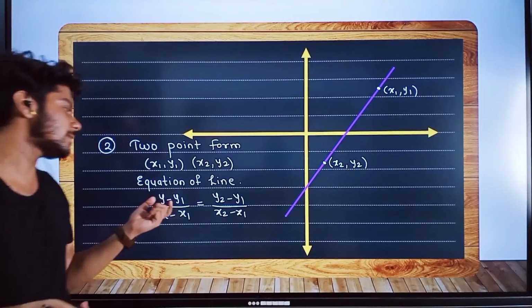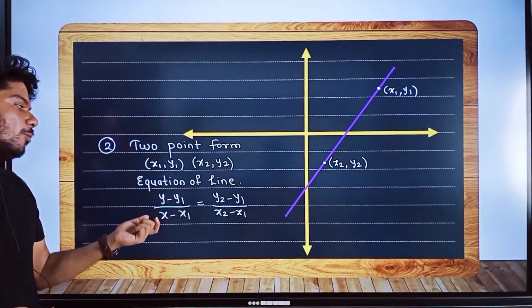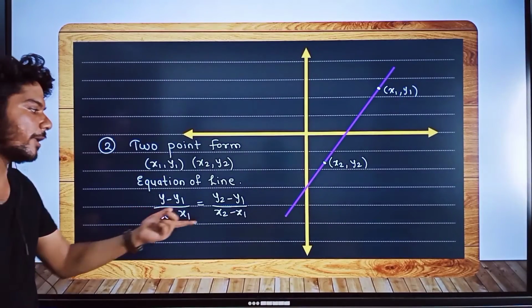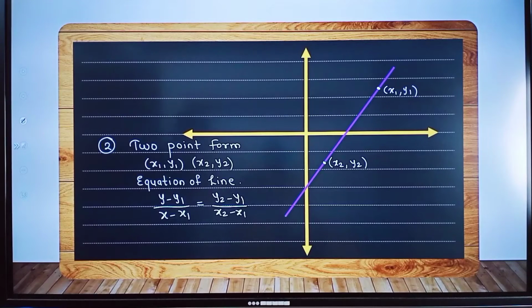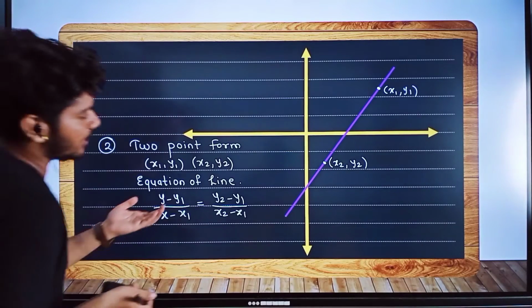Have a note of this. I hope that everyone has written this formula.